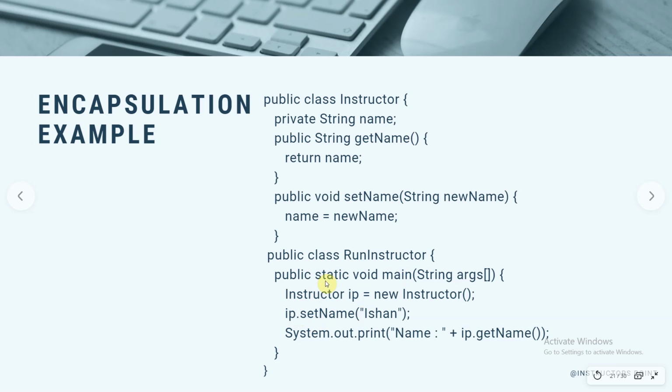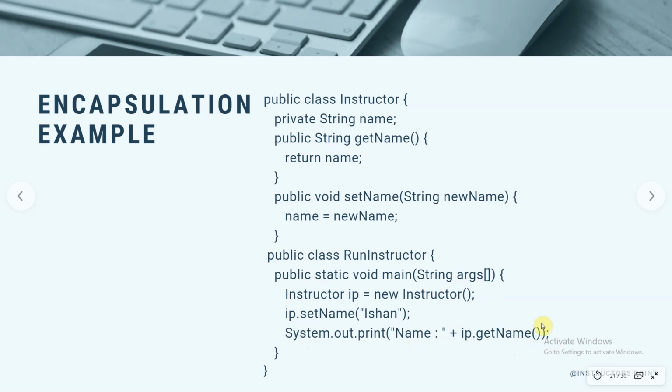Setting the name variable from outside the instructor class can be done easily with ip.setName, and within that we give the name. This will set the name as Ishan, and when I print it out it will give me the name is Ishan, because I have given name colon, and here the name will concatenate.